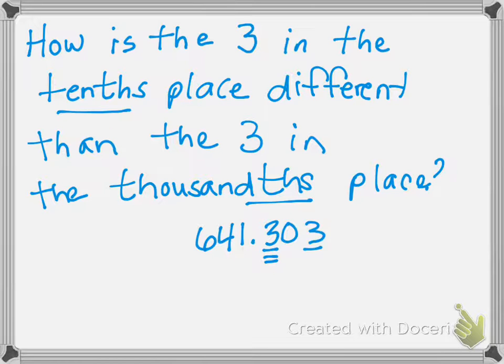Okay, so they're wanting to know, how is this 3 different than this 3? Well, is this 3 10 times more than this 3? No. So look at that. We have this 3 that's in the tenths place, and this 3 that's in the thousandths place.